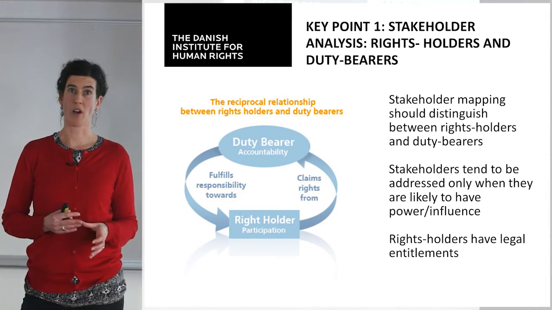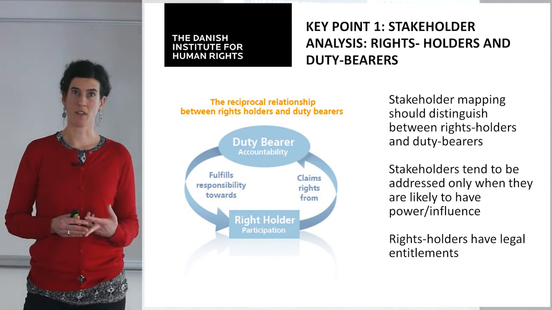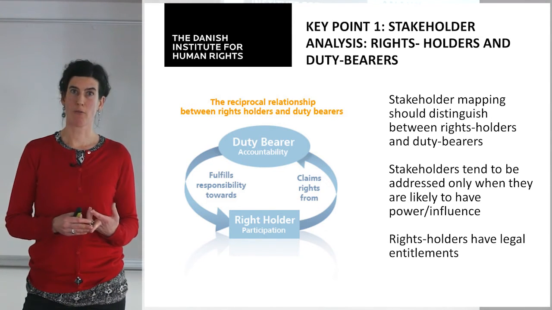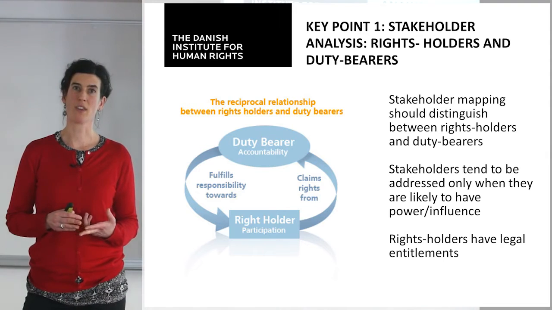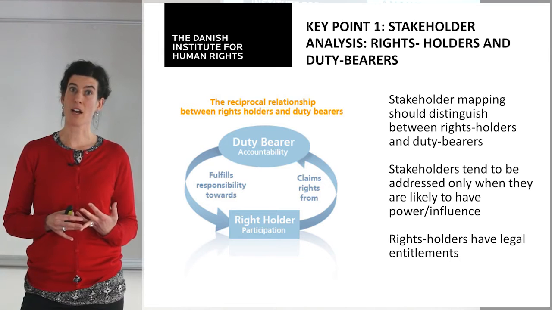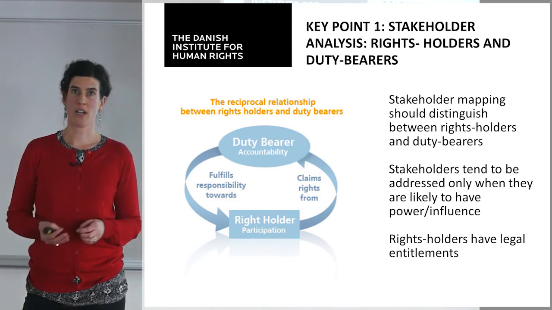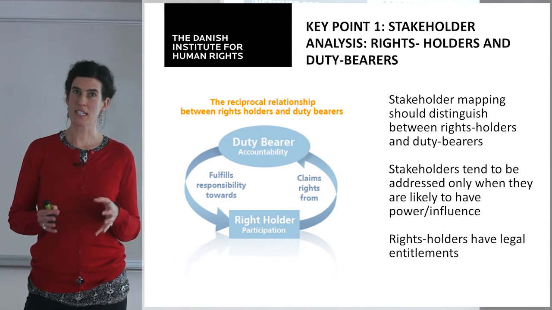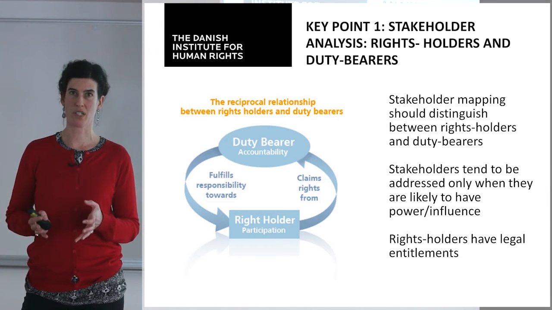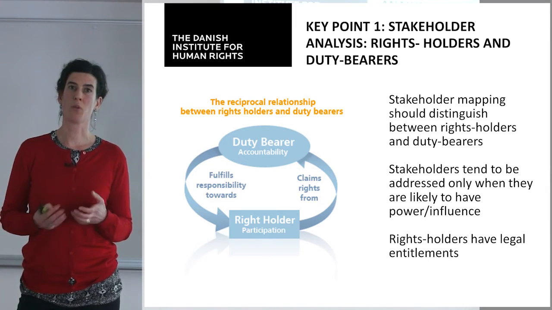So that can be workers, impacted communities, specific subgroups within those impacted communities, and to see are there any specific rights that are associated with that rights holder group. So for example, Indigenous people's rights, the particular rights of women and children, for example. And likewise, the stakeholder analysis should consider in detail, well, who are the duty bearers or the responsible parties in that particular context that have a responsibility to make sure that human rights are upheld.